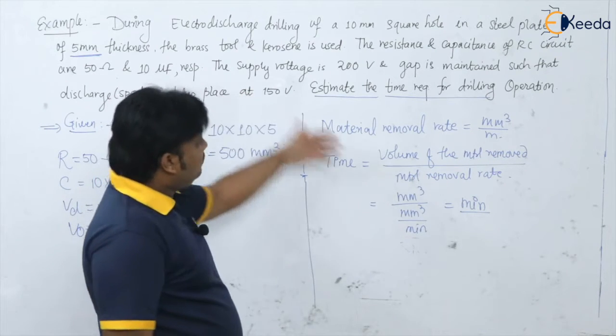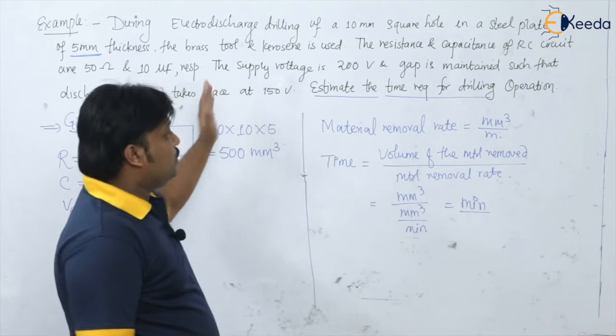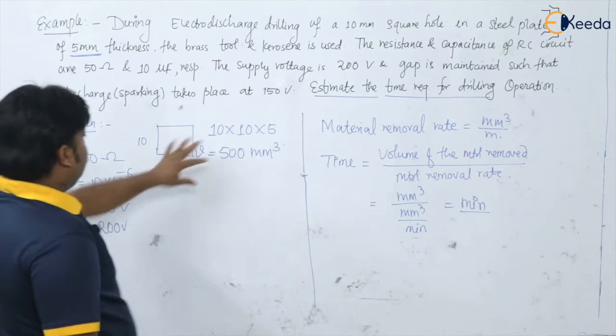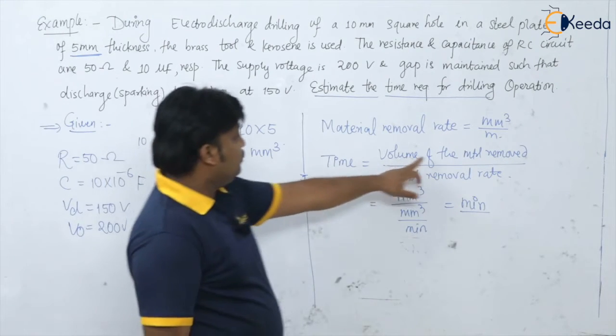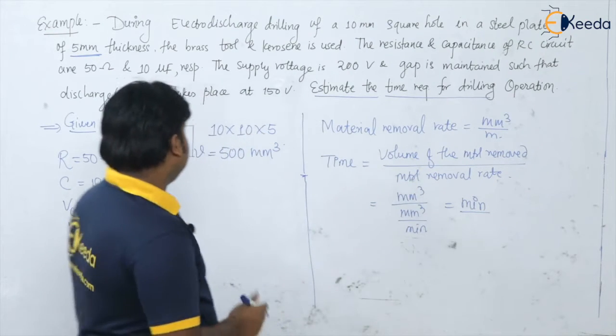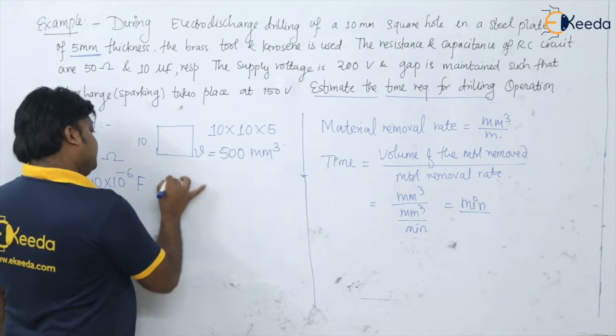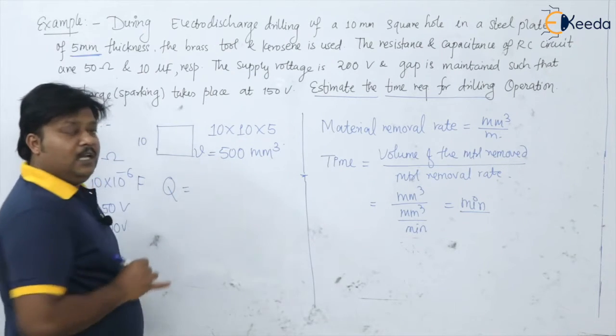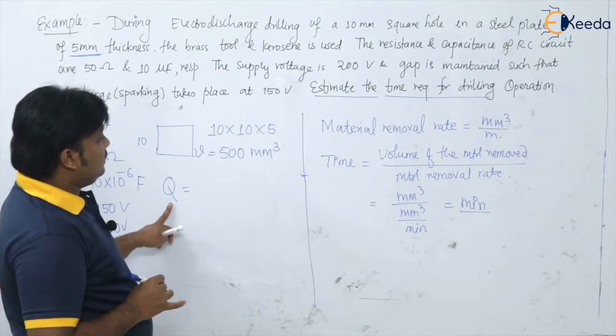So just the same thing we are going to do in this question. Because we now know the volume of material to be removed from the plate is this much. Now we are interested in the material removal rate in EDM, that is Q. And how is this Q given in EDM?